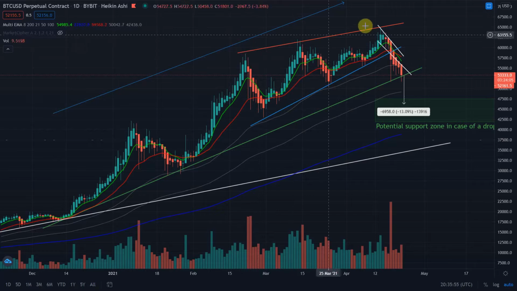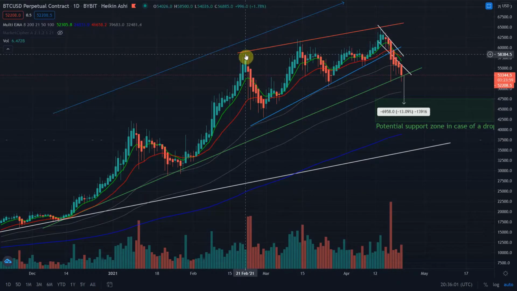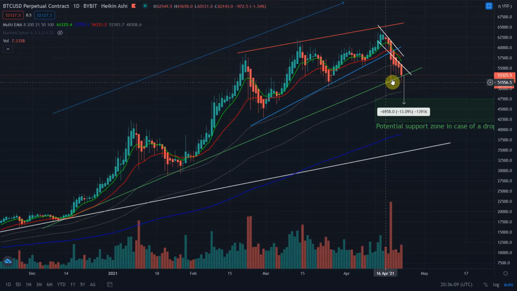The red line I've drawn is called a resistance trend line because whenever the price comes to this point, it is reflected back; it has bounced every time. And then the green line here and this blue line here are all kind of supports. This is a major support.